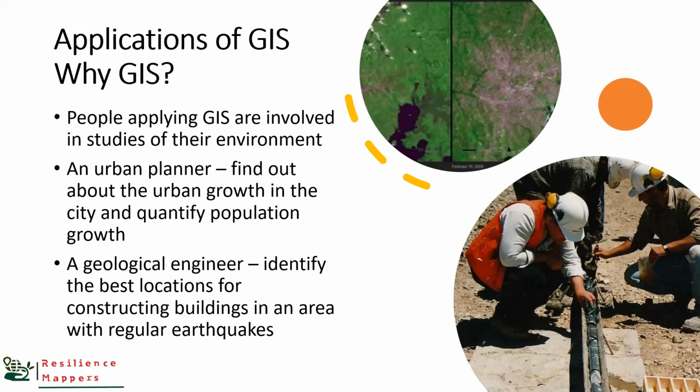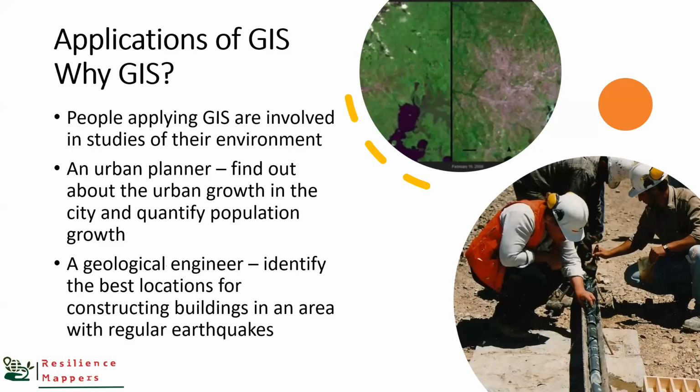This kind of analysis is possible within a GIS. Apart from that, just by sitting at the computer and doing simple field work, they can also determine how much the population has grown over the years in the urban areas.